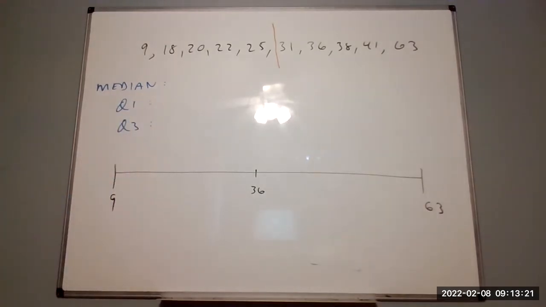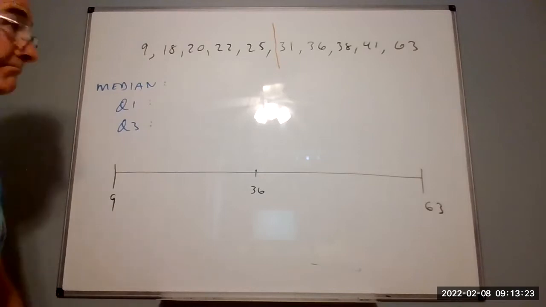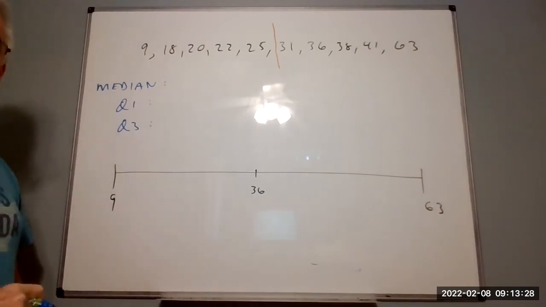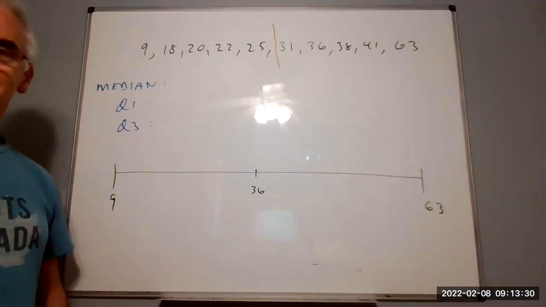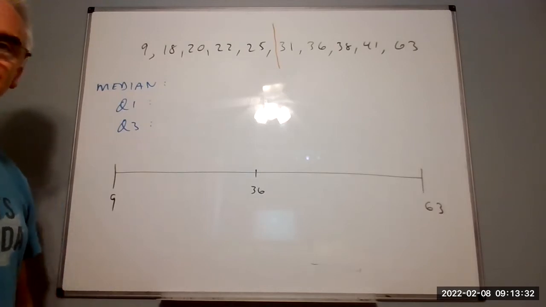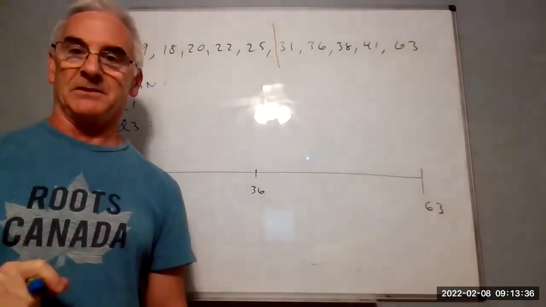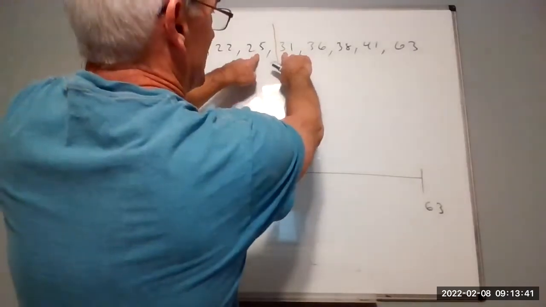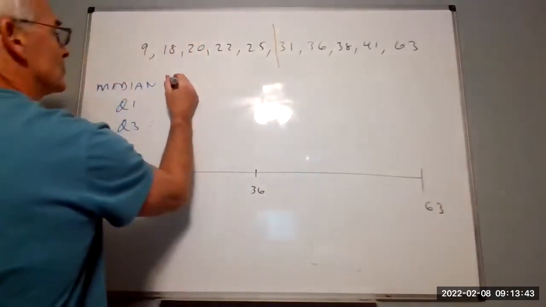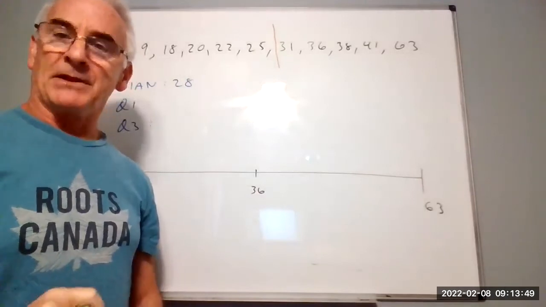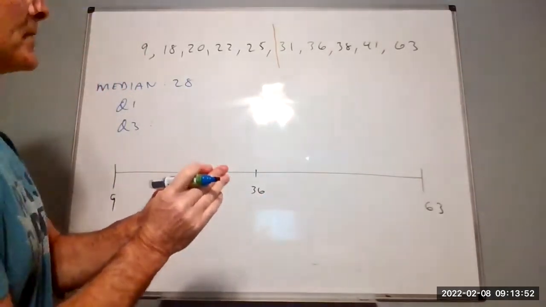Does anybody think they have the median? What's the median? Is it 28? And you got that by finding halfway between these two? Exactly, 28. Is that a calculation, or can you just kind of look at that? Probably look at it. But yeah, you took halfway between 25 and 31.